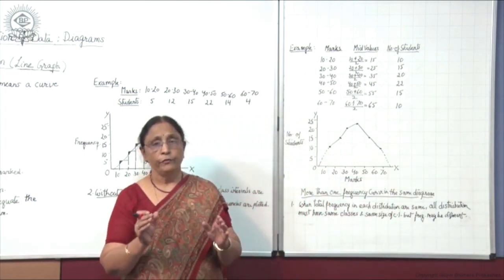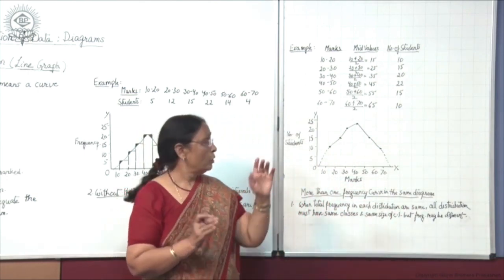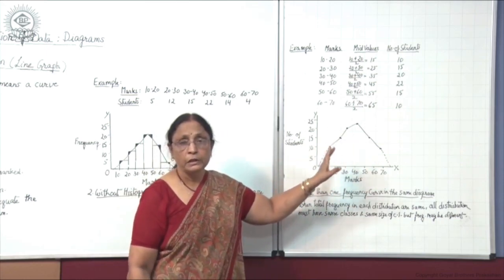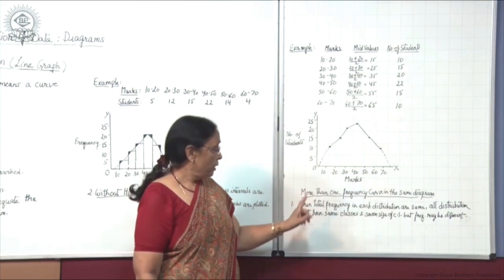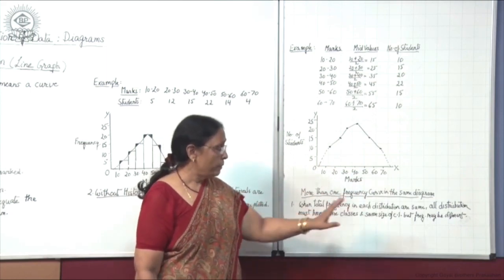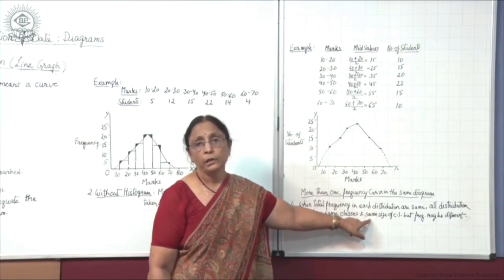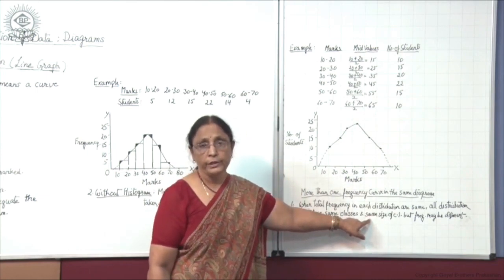So if you are drawing two frequency curves or frequency polygons on the same diagram, then the condition is that frequency may be different, but the classes and class interval should be the same. This is one condition.